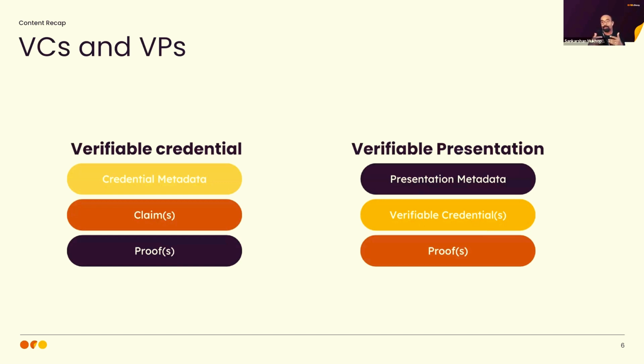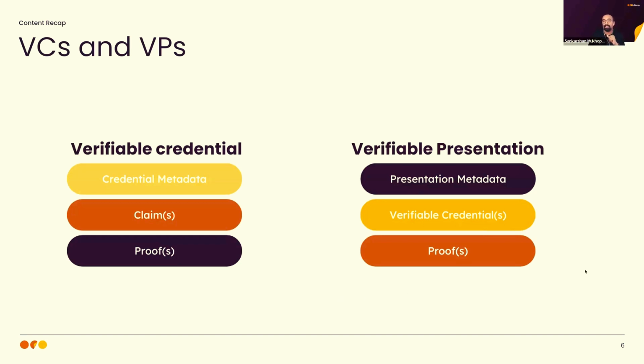Again, the concept behind the verifiable presentation is very simple. It is a bunch of verifiable credentials with all the proofs added and some metadata about the presentation. So those are basically the two important foundational concepts that are essential to understand and grasp when we think about how all of this is happening.